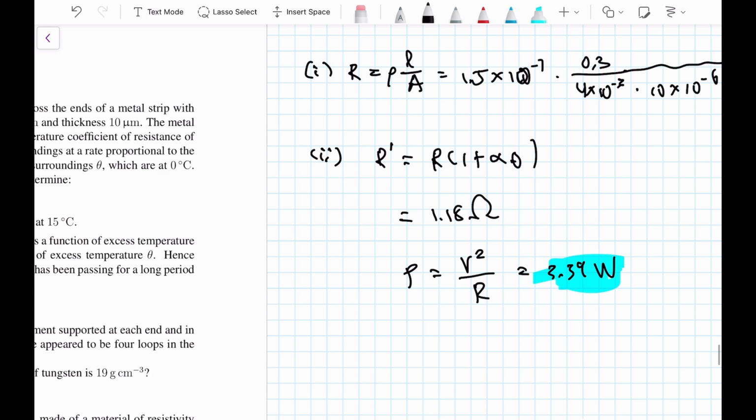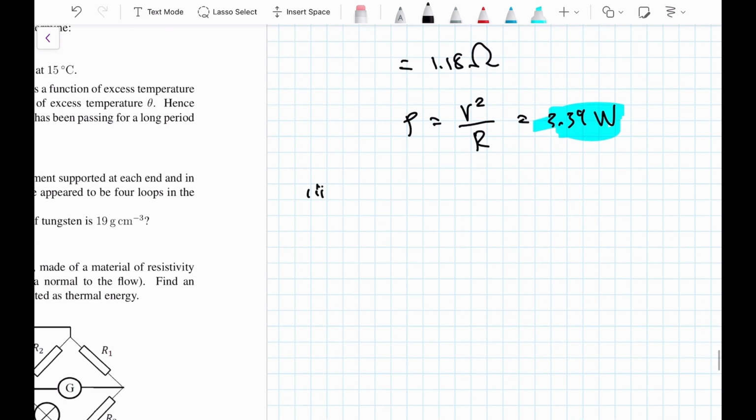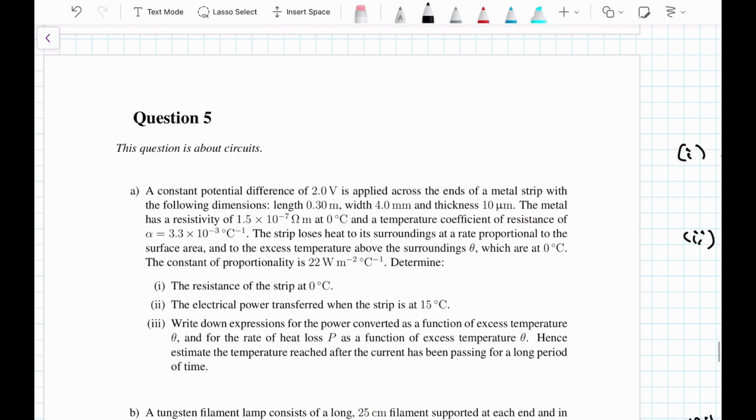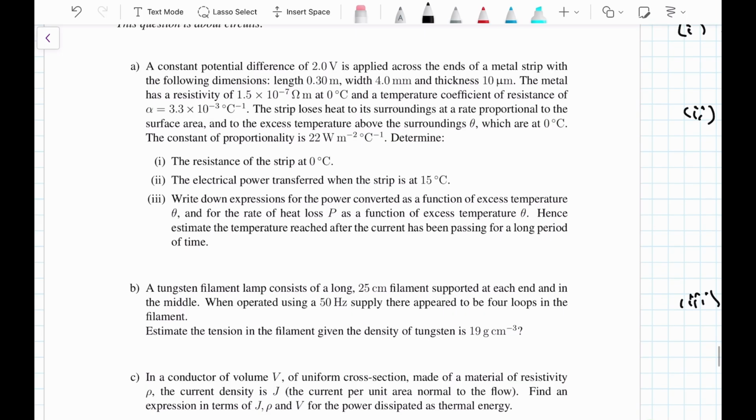And then let's see the last part. It says write down expressions for the power converted as a function of excess temperature theta, and for the rate of heat loss P as a function of excess temperature theta. Hence, estimate the temperature reached after a current has been passing for a long period of time.